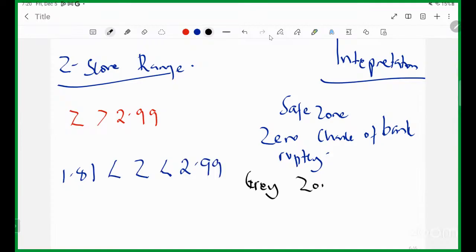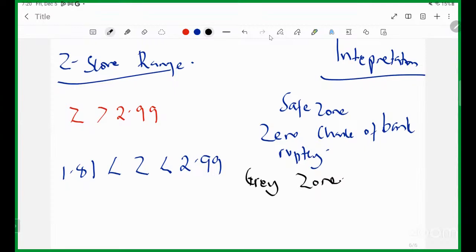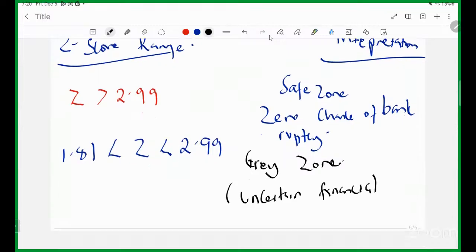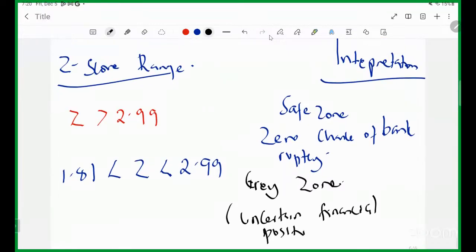A gray zone means that there is some uncertainty on the financial position of the company. If you're a bank and you're going to lend to this person, you have to dig further into other parameters.